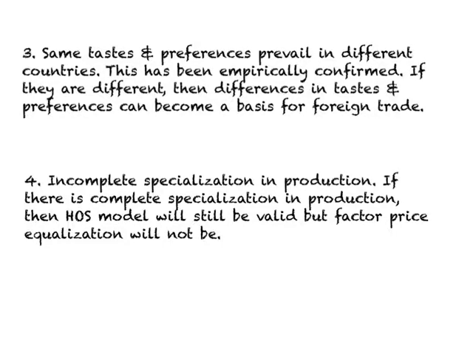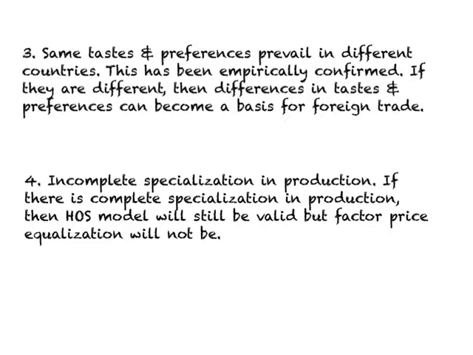And economists tested whether tastes and preferences are significantly different across countries, and what they found is they are not, and hence this again is a good assumption used by the HOS model, that is, the same or similar tastes and preferences exist across countries. But in any case, it does not destroy the HOS model. If there are differences, then that can become the basis for foreign trade.